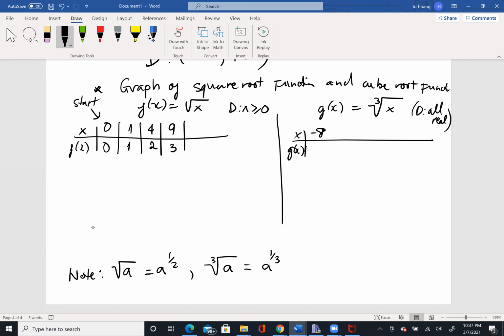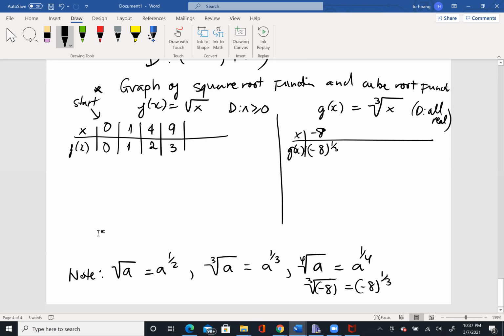So the index will be the denominator of the fractional power. The fourth root of a can be rewritten as a to the power 1/4. That is why for g of x here we have negative 8 to the power 1/3. If you have the cube root of negative 8, you can rewrite it as negative 8 to the power 1/3.